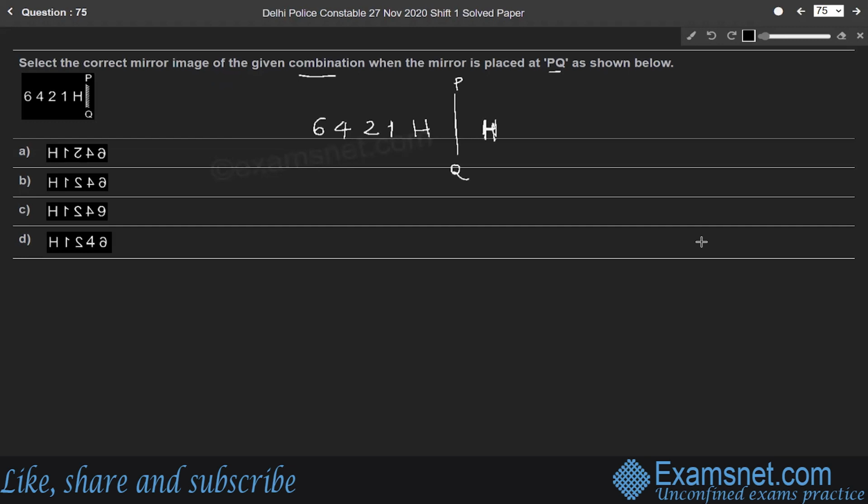The image of 1 will be like this, the mirror image of 2 will be like this, the mirror image of 4 will be like this, and the 6 will be like this. Therefore, in option B, the mirror image of H is the same, and so are the mirror images of 1, 2, 4 and 6.